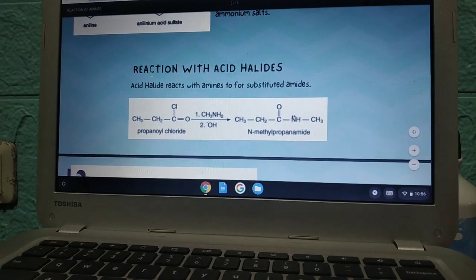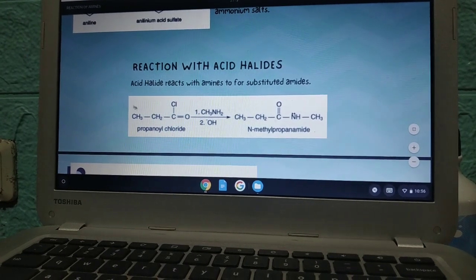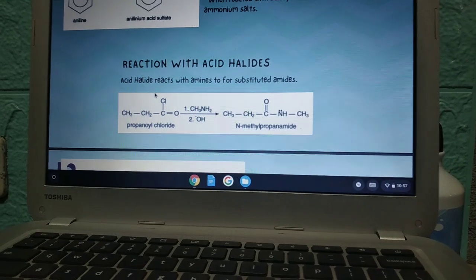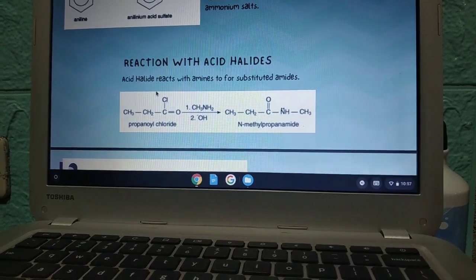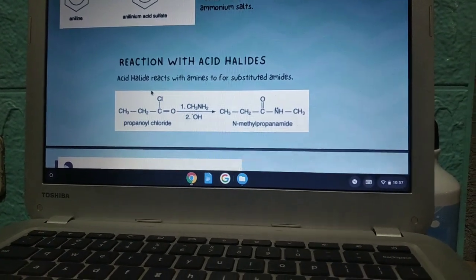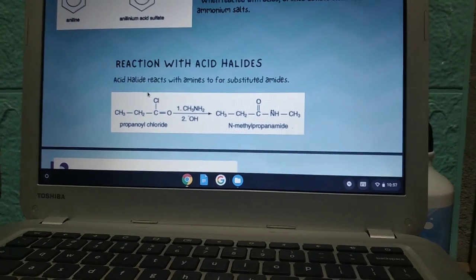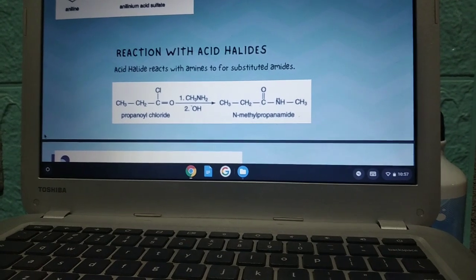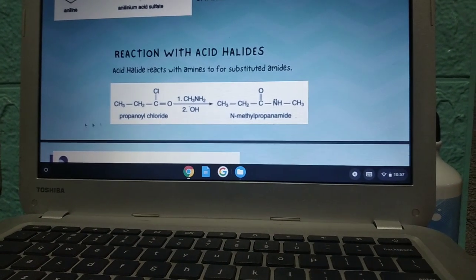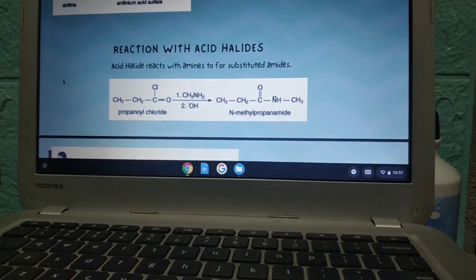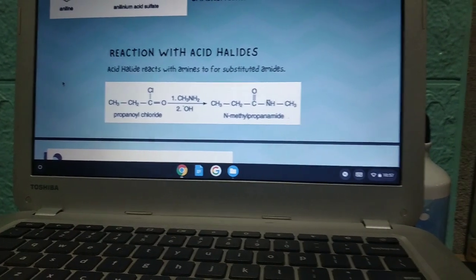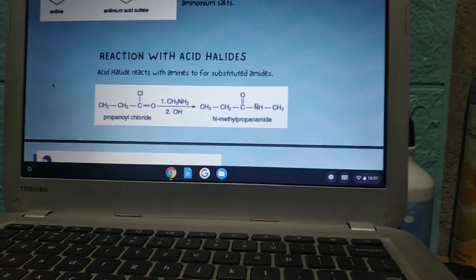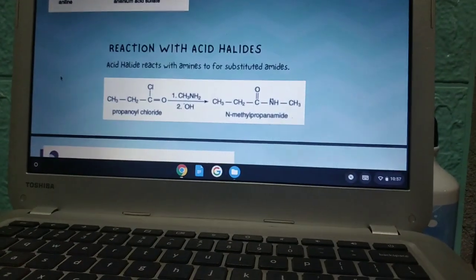The reactions of acid halides: acid halides react with amines to form substituted amides. So propanoyl chloride reacts with methylamine, and the product is N-methylpropanamide, which is a secondary amide.